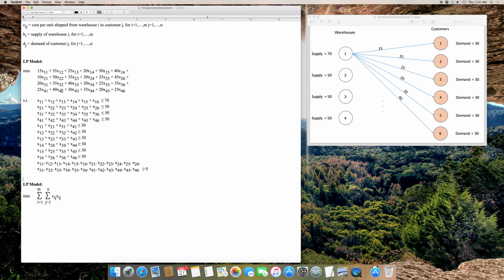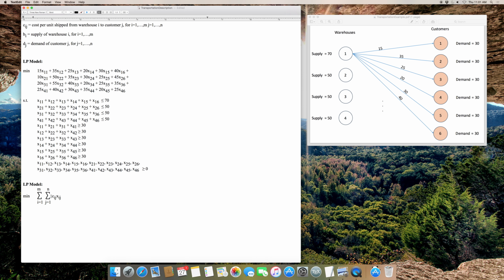And we're going to start with our objective function. And so our objective function, here we summed over every warehouse. So you can see there's 4 rows, and that's a warehouse. And within that, I summed over each customer. So I'm summing over every warehouse. So i equals 1 to m. So m here was 4. j equals 1 to n. n was 6 for our example.